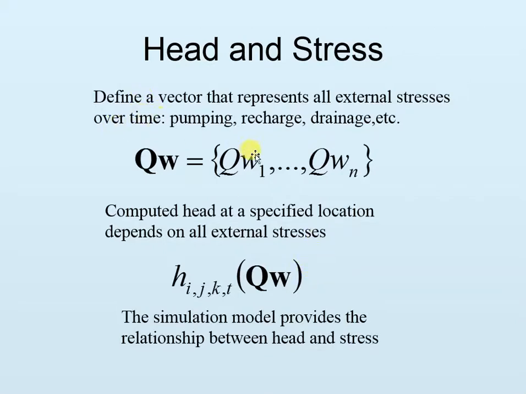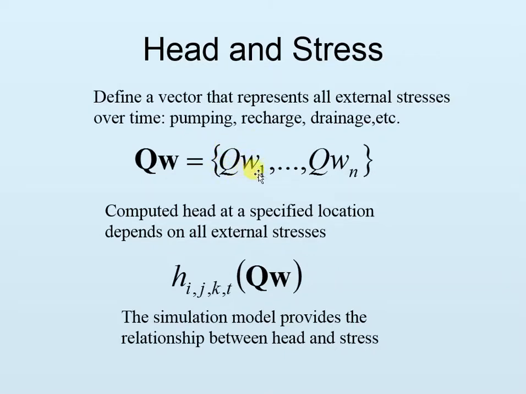We'll use a notation here for stresses and heads and the relationship between them. We'll be looking at external stresses such as pumping, at multiple nodes or multiple cells. And so we'll define Q_W with a subscript as being a particular location. It could be a single cell, it could be a collection of cells where we're going to collectively pump at a certain rate or recharge at a certain rate.